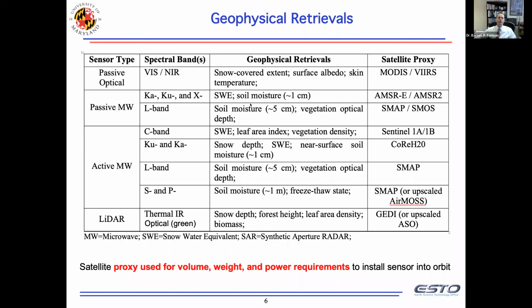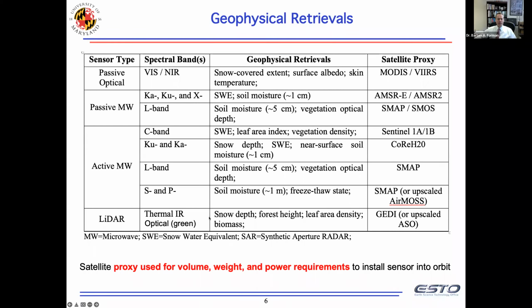Professor Entekhabi, I'm sure, was talking quite a bit about the use of L-band radiometry and some of the profound impacts it's had on global soil moisture estimation within the top 5 centimeters. It can also be used for vegetation optical depth. So these different sensors, be it radiometry, SAR, LiDAR, we can measure more than one state variable that we might care about. In addition, many of these sensors actually do not exist.